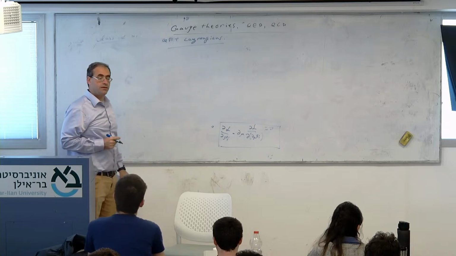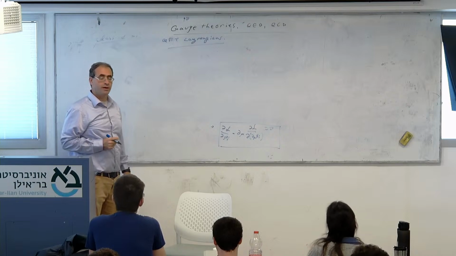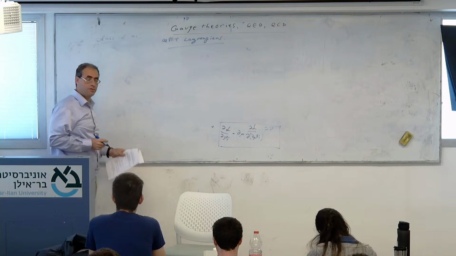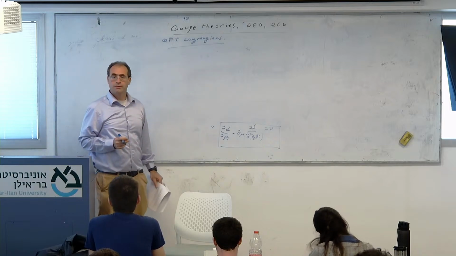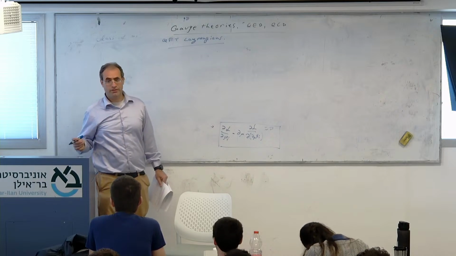So, what equations did we learn? Basically four by now. Klein-Gordon, right? So Klein-Gordon represents a what? Spin 0, scalar, massive scalar field.